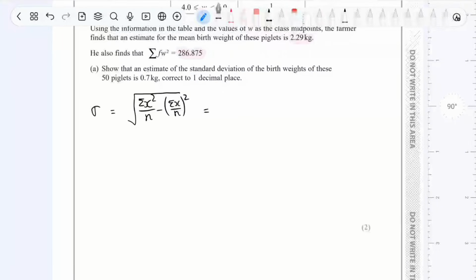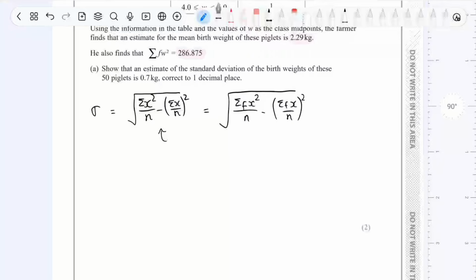However, you do get given the formula for the normal standard deviation, so you're not completely in the dark, and you can just learn that the frequency gets slotted next to the x. So the sum of frequency multiplied by x squared over n, minus the sum of the frequencies times x over n, all squared.